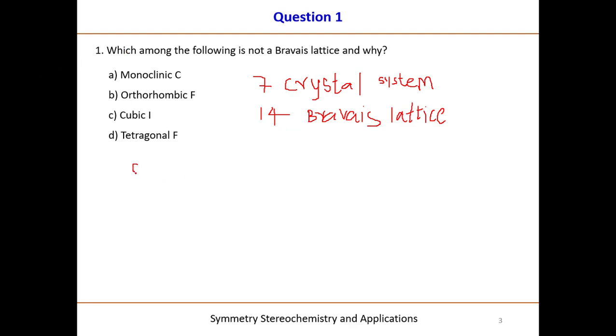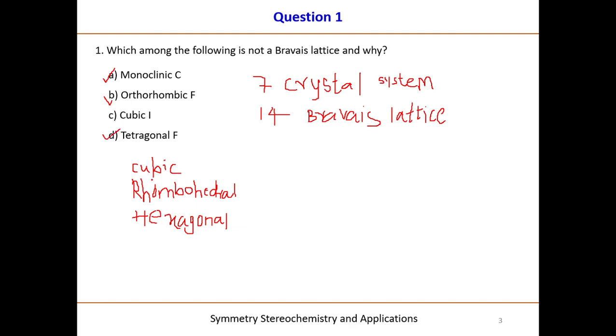First one is cubic, correct? I'm writing here the crystal system, cubic, then rhombohedral, then hexagonal, and here monoclinic, orthorhombic, tetragonal is given.